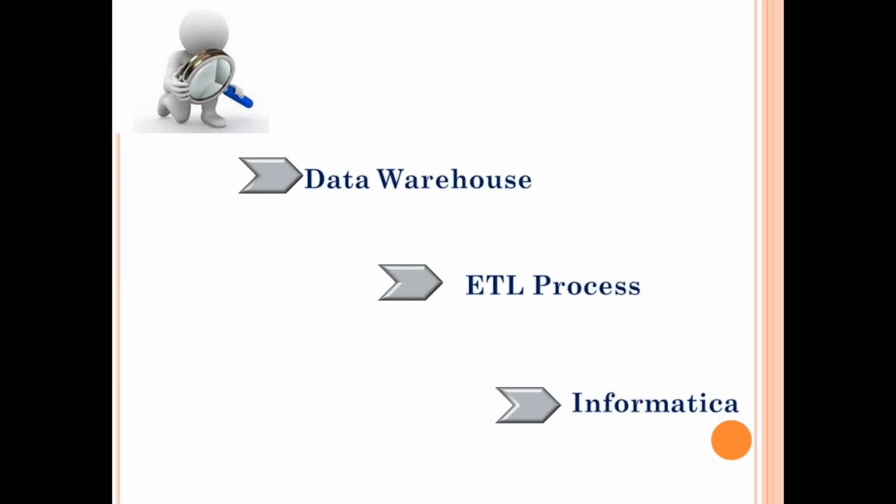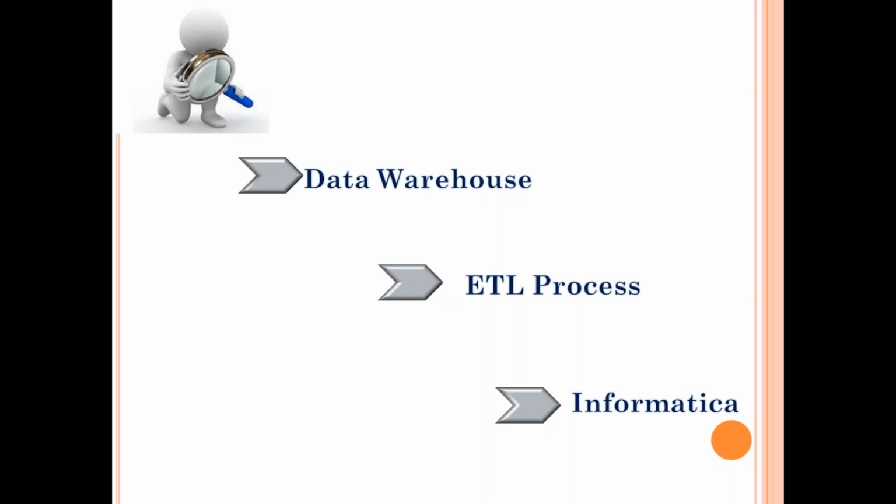That means Informatica is an ETL tool which can perform the ETL process. Using Informatica we design the ETL process, and using this ETL process we finally build the data warehouse. This is the relationship between Informatica, ETL, and data warehouse.